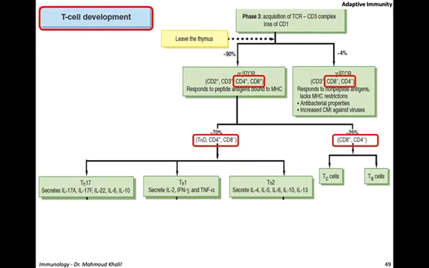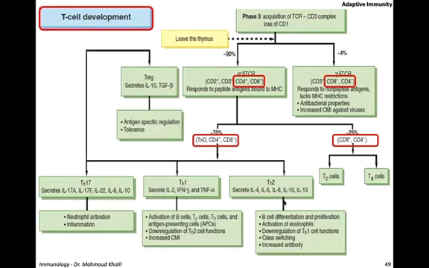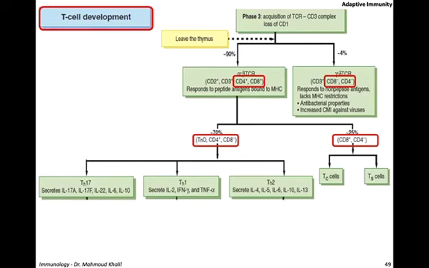And you can see here three different types of T helper cells: T helper 2, T helper 1, T helper 17, and actually you can distinguish between these three different types by the type of the cytokine they secrete. And each of them is involved in a different function.